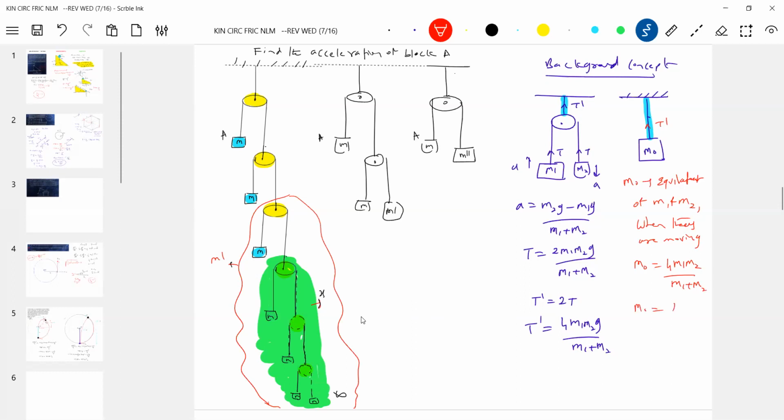Let me write it in a better form, 1 by m1 plus 1 by m2, because that infinity is what I should take care of. So let me put it mathematically like this. What is the equivalent of these two moving masses? m naught equals 4 by 1 by m1 plus 1 by m2.